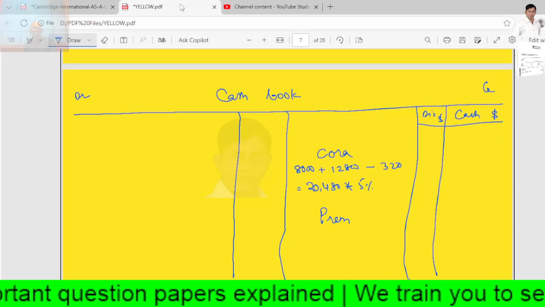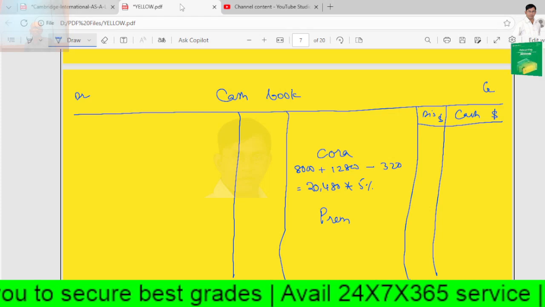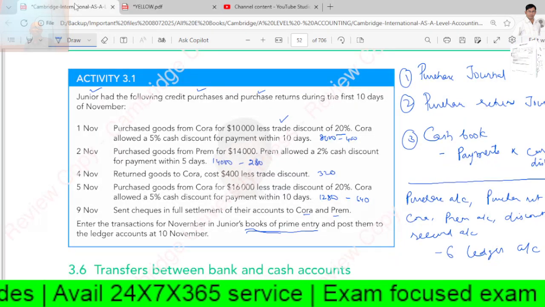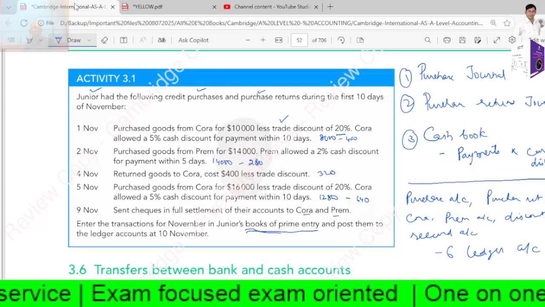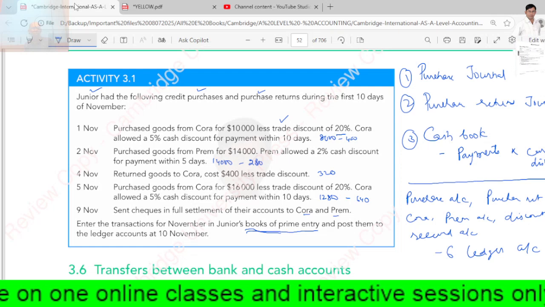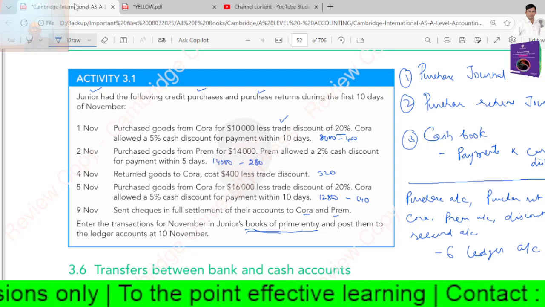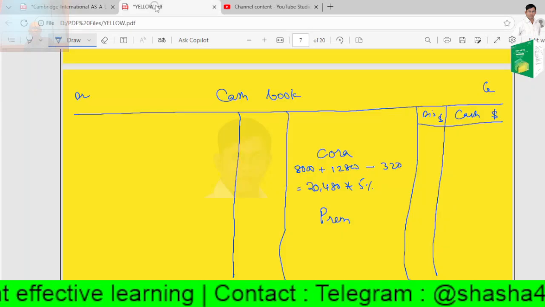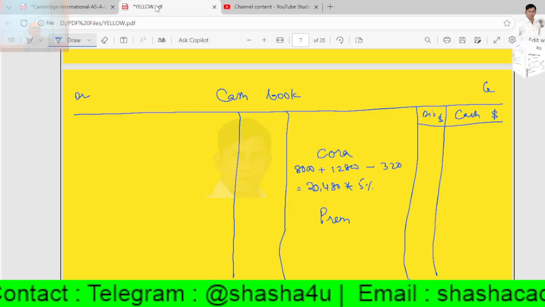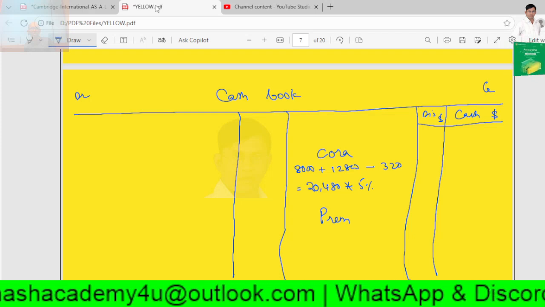Cash discount is on the net purchases. 8,000 is the first purchase, the second purchase is 12,800, and there is a return of 320. So net purchase is 20,480 and discount is 5%.